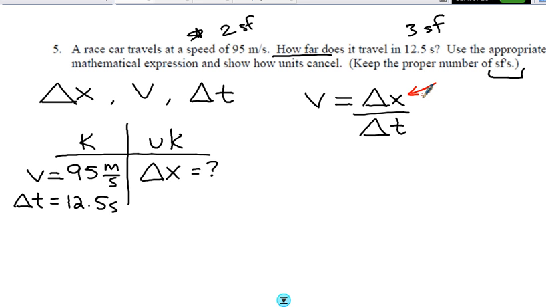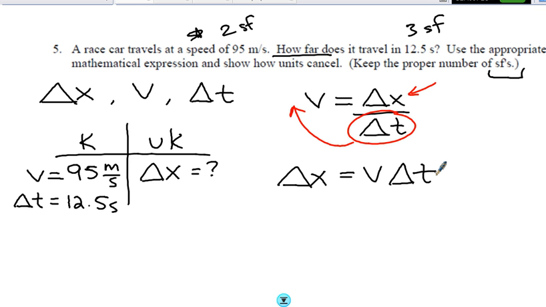And what we'll have to do is multiply delta t onto both sides. So if we multiply delta t to both sides, we lose the delta t here, and we gain the delta t up top next to v.